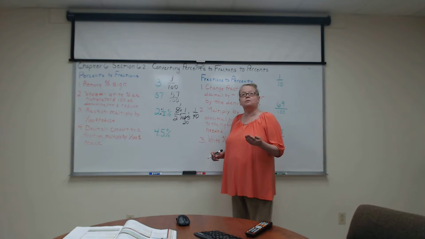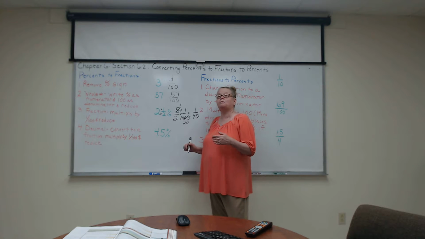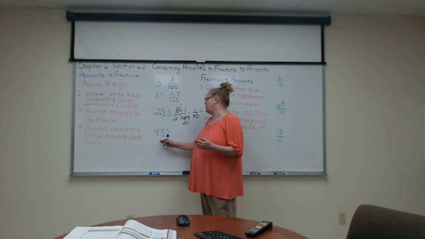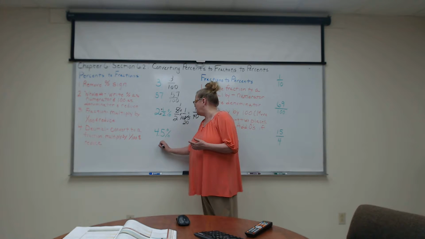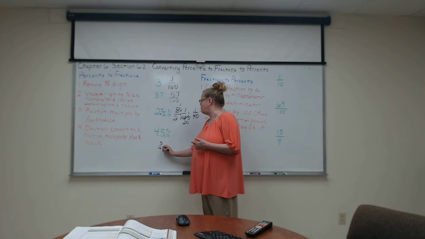And then finally, we have 4.5%. Because we're dealing with a decimal here, we have to convert it to a fraction. We know that this is 5/10, which equals 1/2.